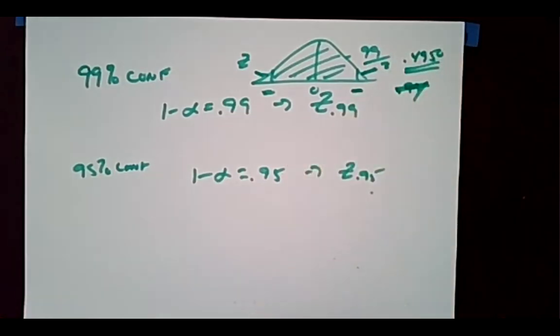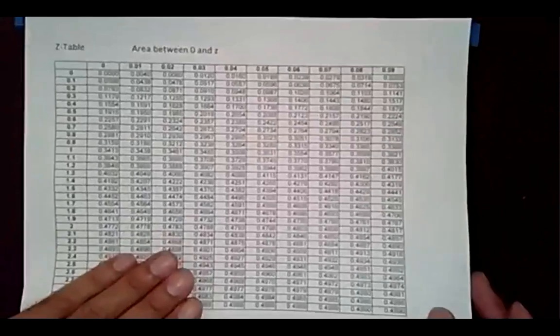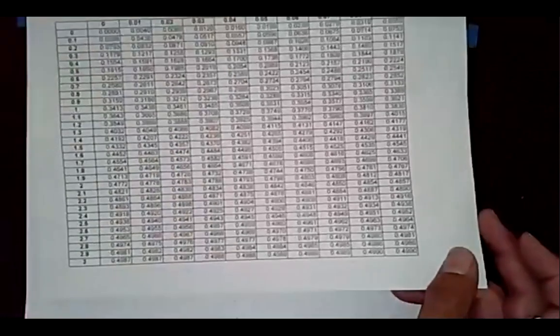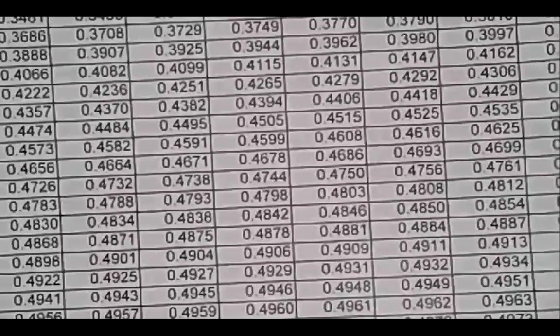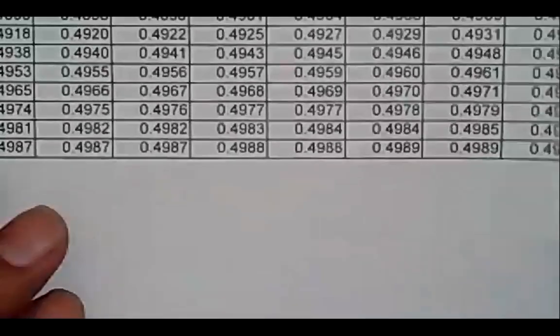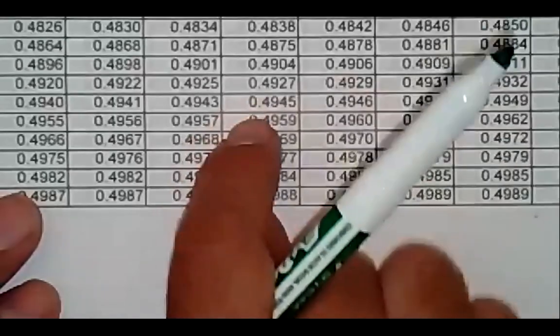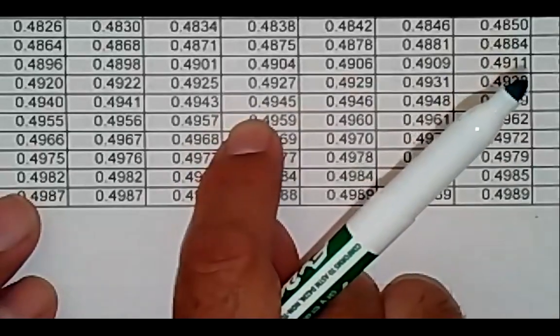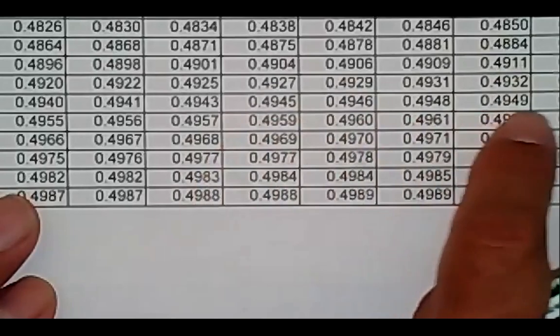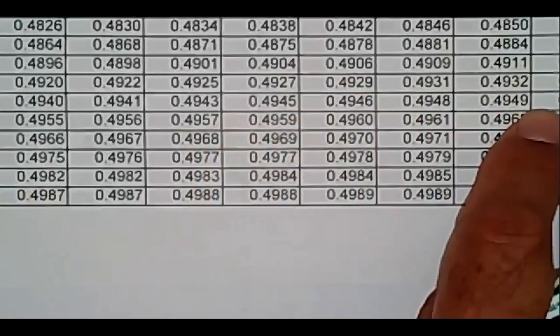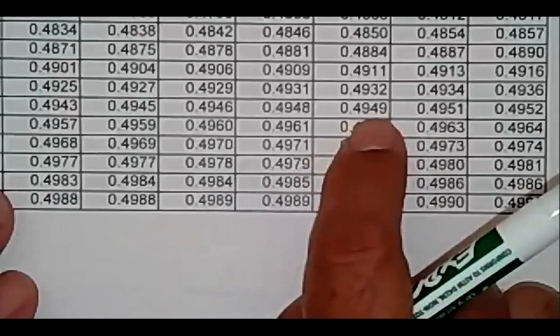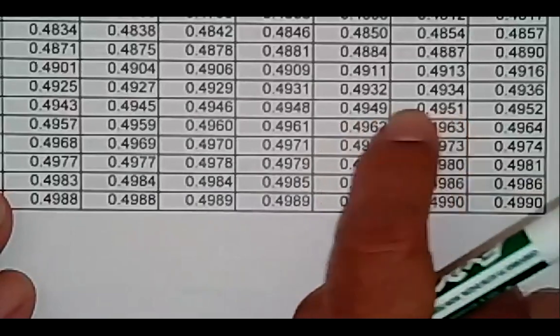0.4950. So if I go to my Z chart, I told you, look in the body of the table for 0.4950. It's between these two values, 0.4949 and 0.4951.